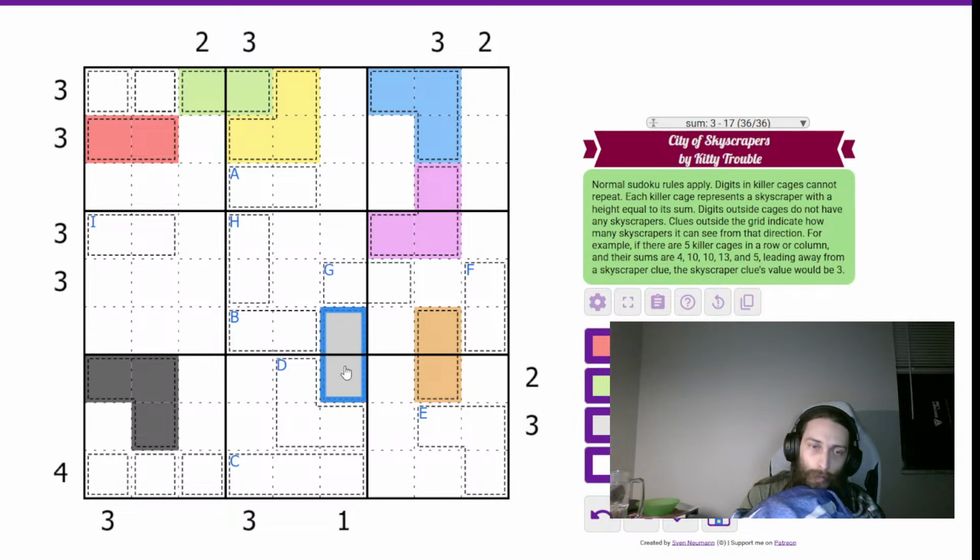I wish I knew that gray was smaller than D. But I guess it's not relevant.